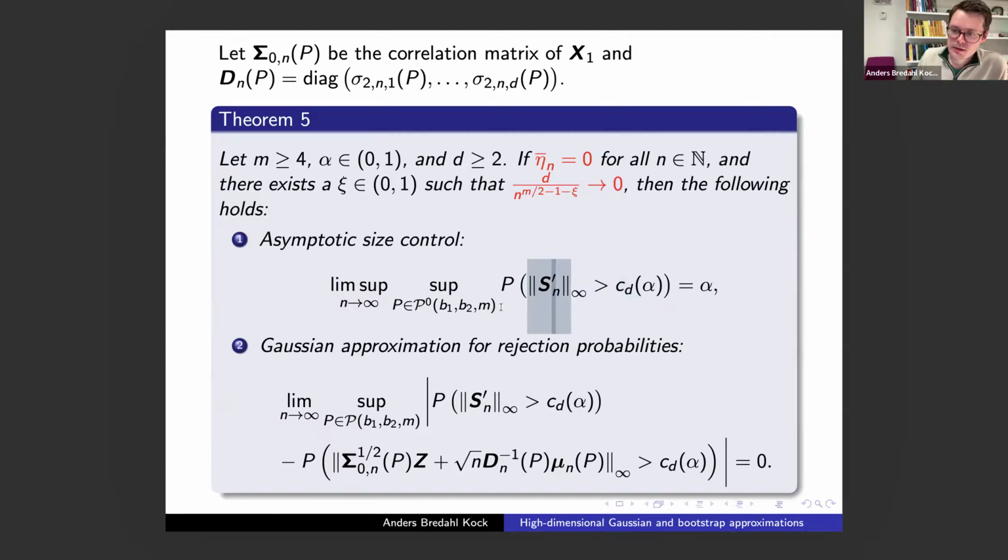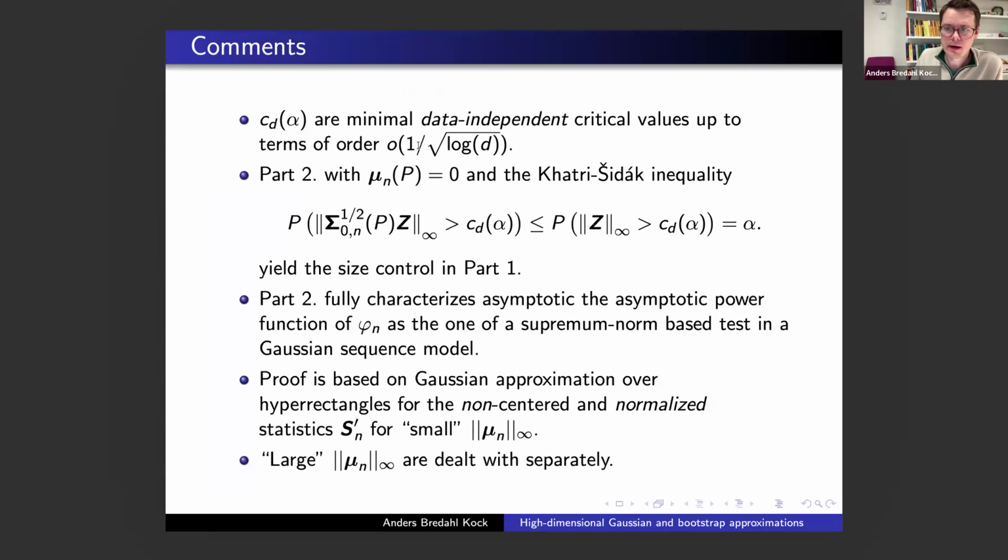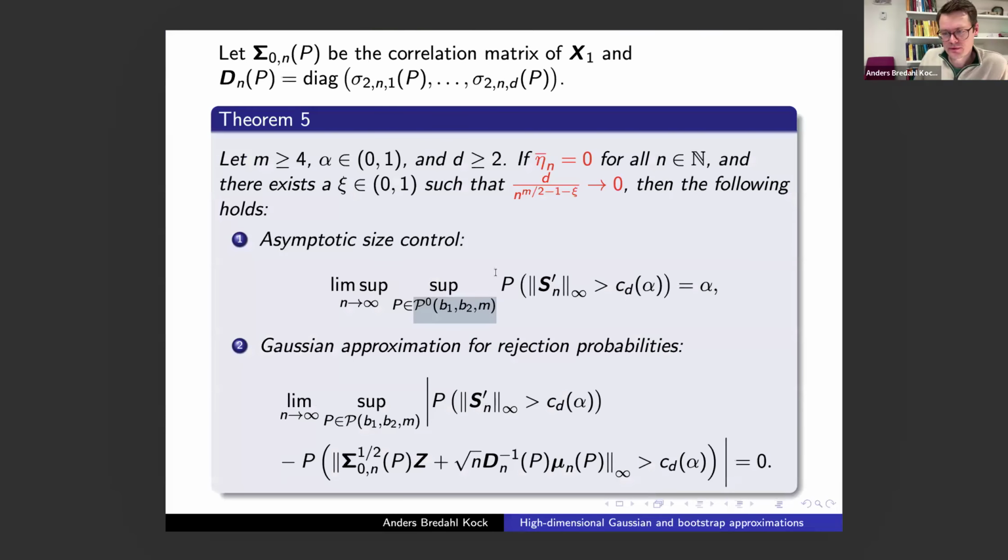One can construct distributions P within this class such that if I use smaller critical values, then I no longer hold the size. At least the critical values are minimal up to terms of order 1 over square root log d, I believe.